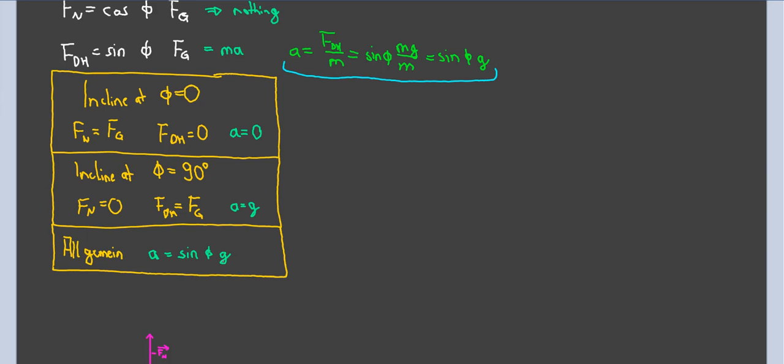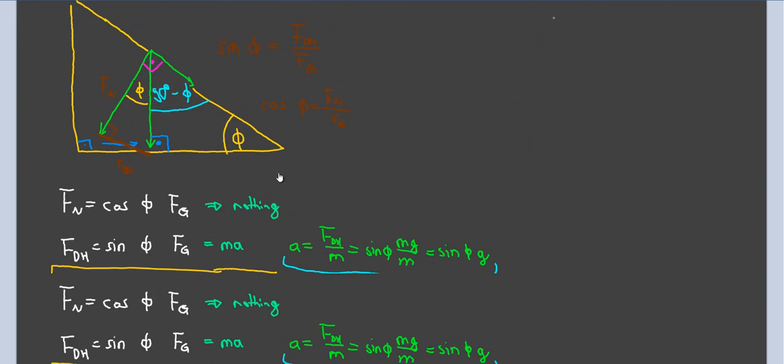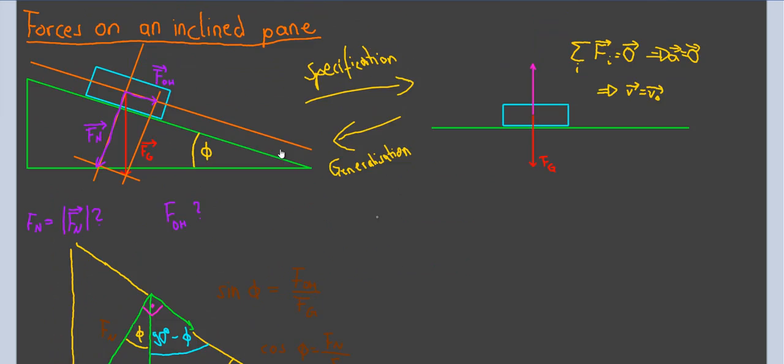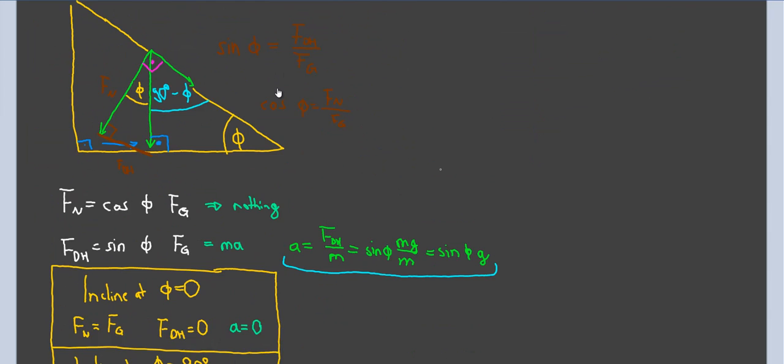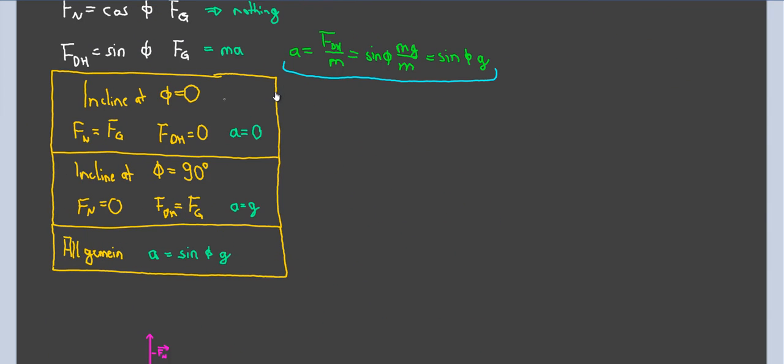If our incline is at 90 degrees, we get the special case that our a is equal to g, so we have the case of falling. Remember, the direction of this is actually minus. And if we have an incline at 0 degrees, which was this case up here, we have no acceleration, as we expected from up here. So again, the generalized case applies for the special case.